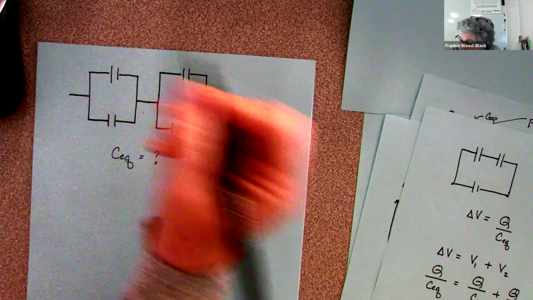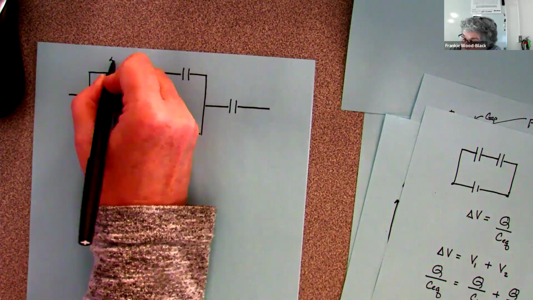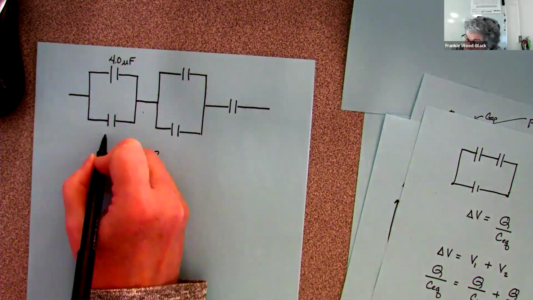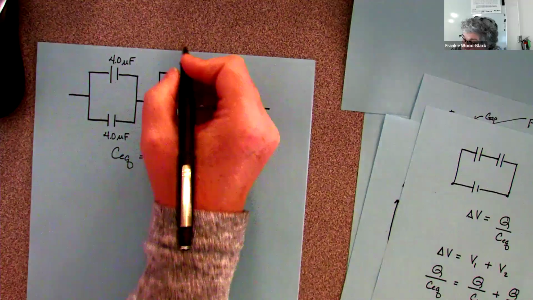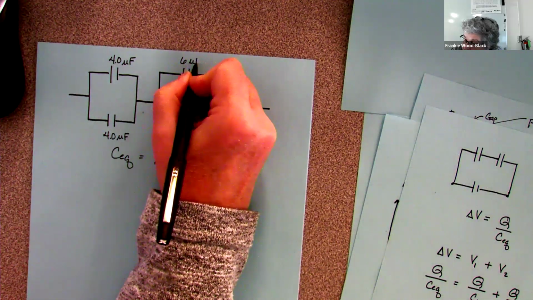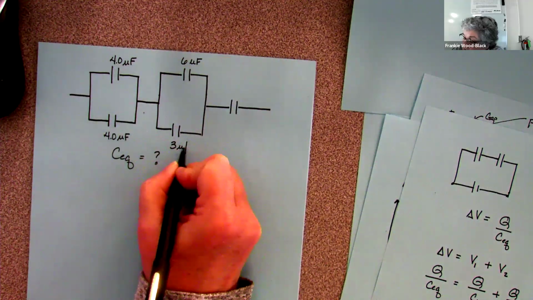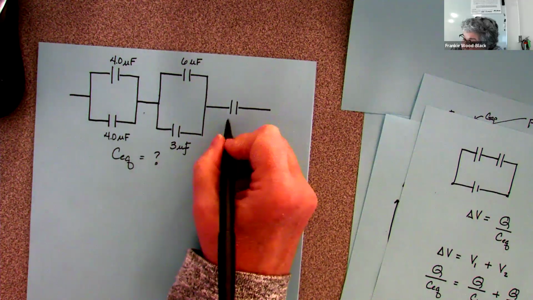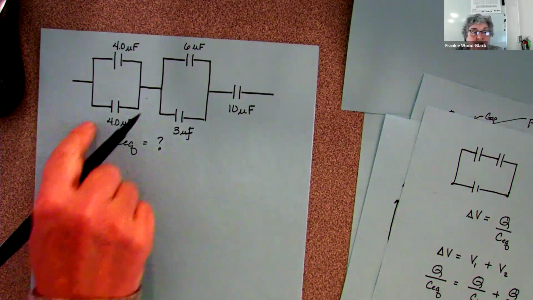And this one we're going to make 4 microfarads, 4 microfarads. We're going to do 6 microfarads. We're going to do 3 microfarads. And we're going to do 10 microfarads. How do we do this?